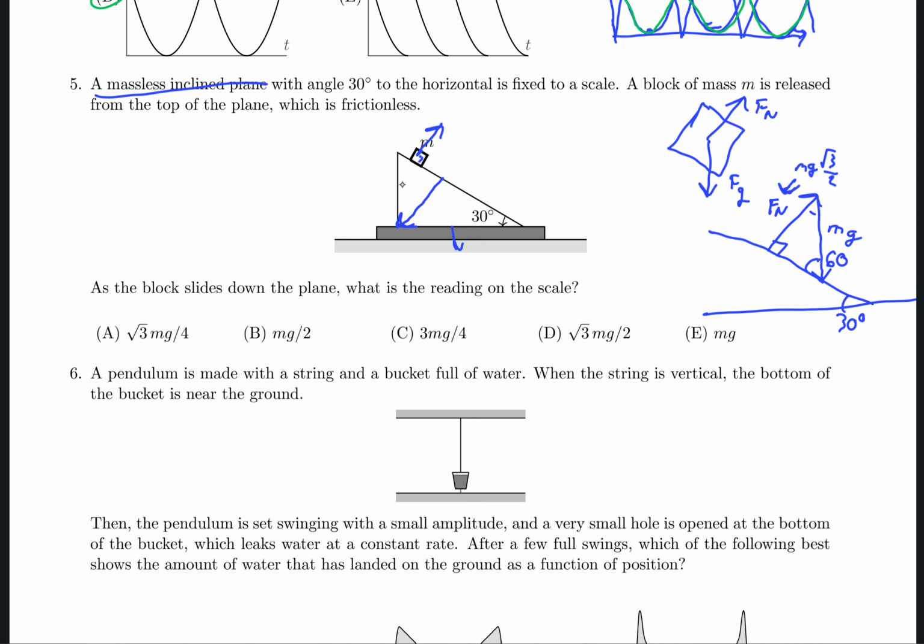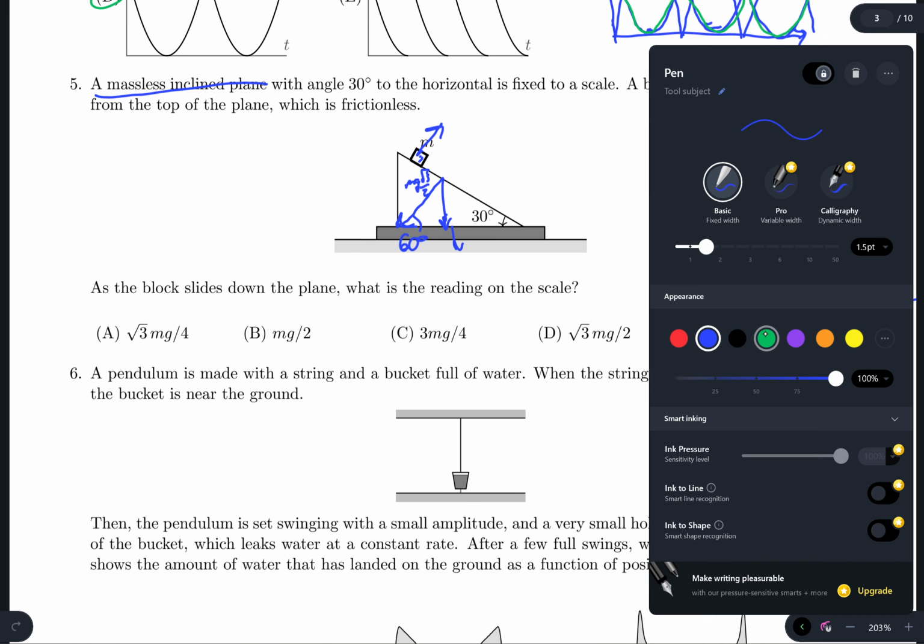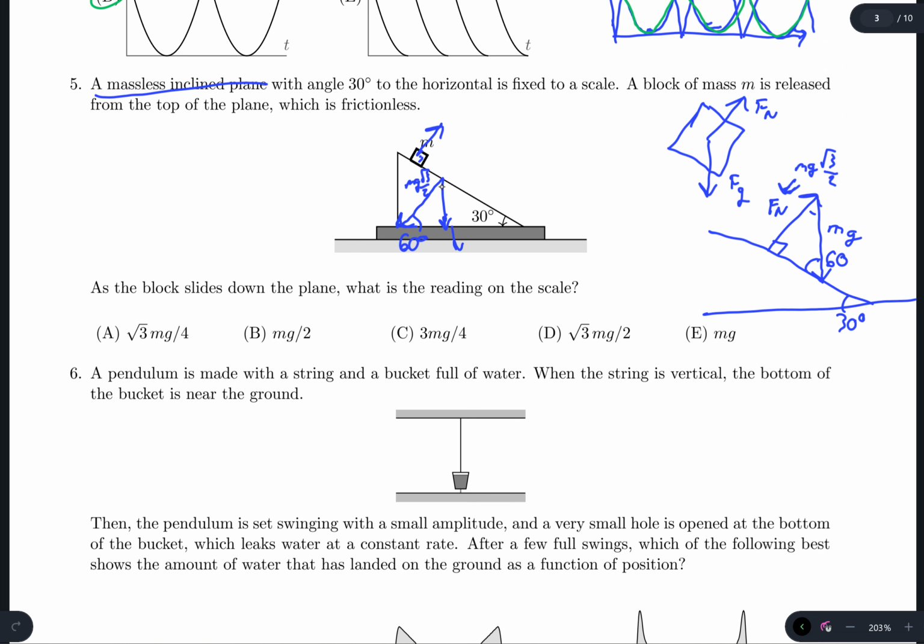But this force is mg root 3 over 2. This is 60 degrees. And to get the downward component of the force, which I'll highlight in green, we multiply by sine of 60, and we get mg times 3 over 4. And that's an answer.